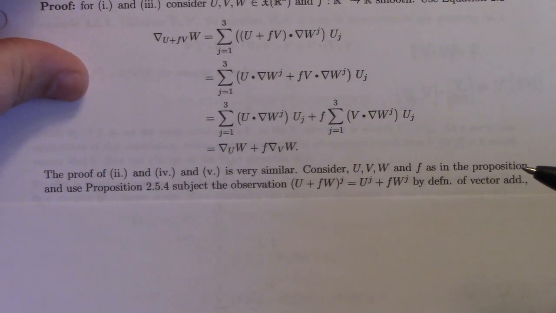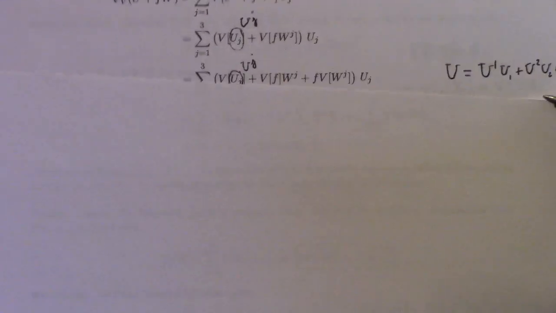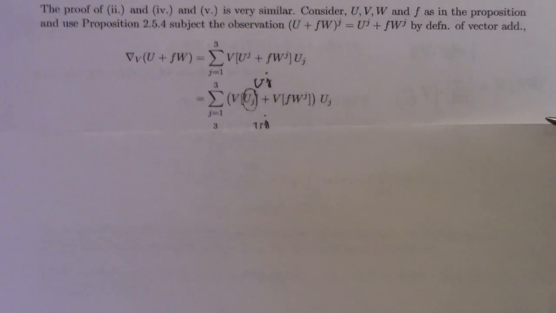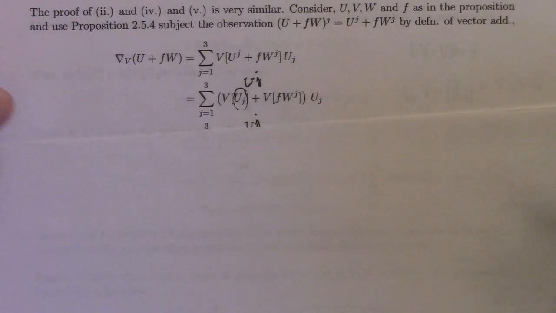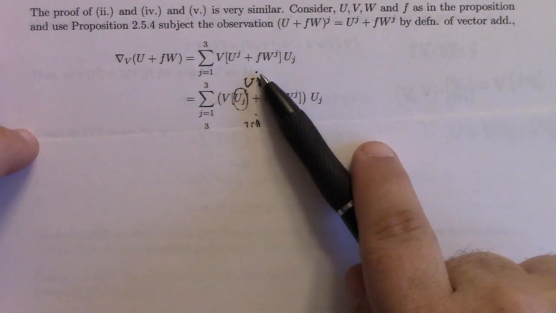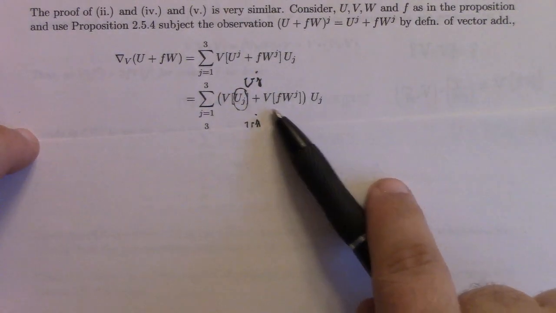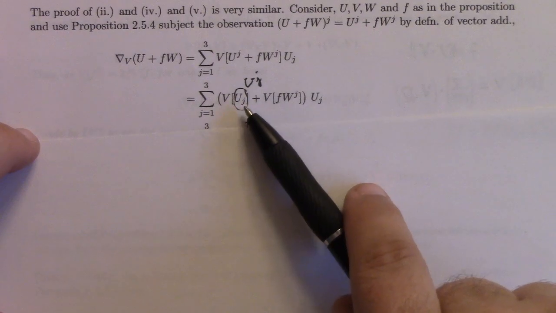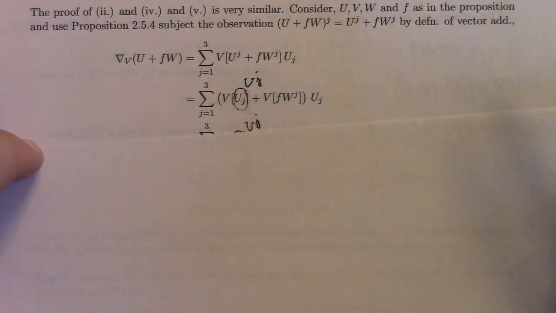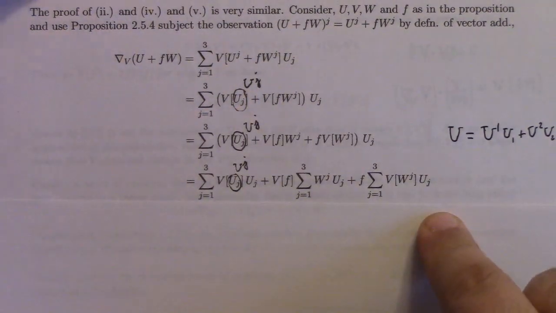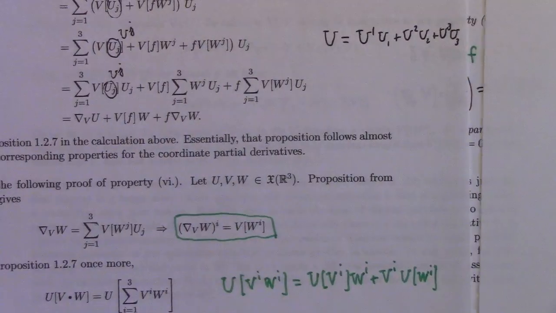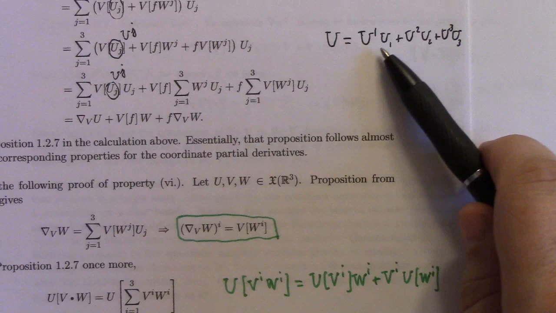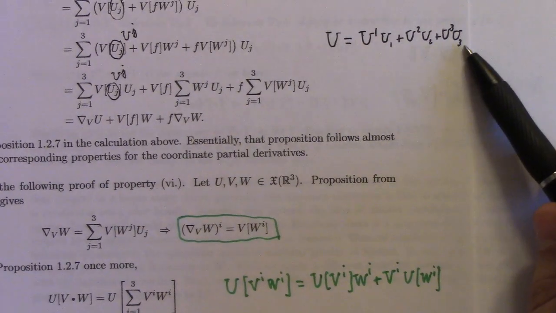And here's the proof of 2, 4, and 5. Once more we use the proposition and additivity. I had some typos here. This should really be U upper j, because U is U^1 ∂_1 plus U^2 ∂_2 plus U^3 ∂_3.